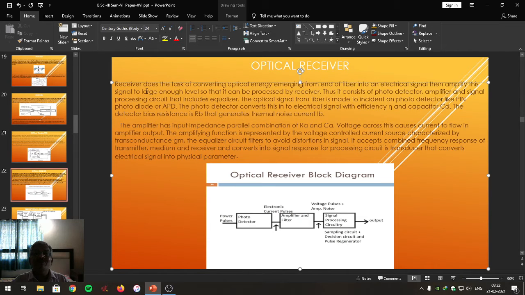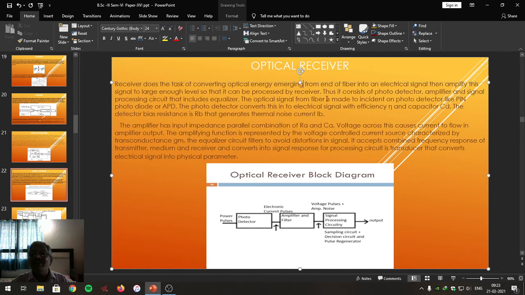Dear students, a receiver does the task of converting optical energy emerging from the end of the fiber into an electrical signal. Then it amplifies this signal to a large enough level so that it can be processed by the receiver. Thus, it consists of a photodetector, amplifier, and signal processing circuit that includes the equalizer.